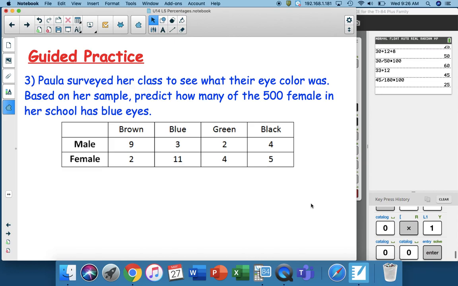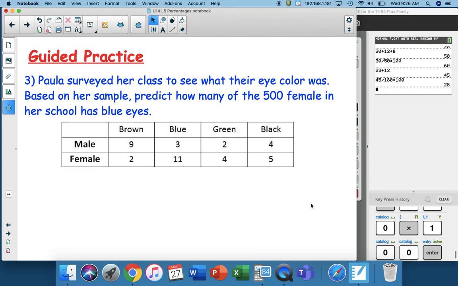Paula surveyed her class to see what their eye color was. Based on her sample, predict how many of the 500 females in her school have blue eyes. Okay, so this is a little bit different now. They want you to predict something. They want you to give what's called a proportion.